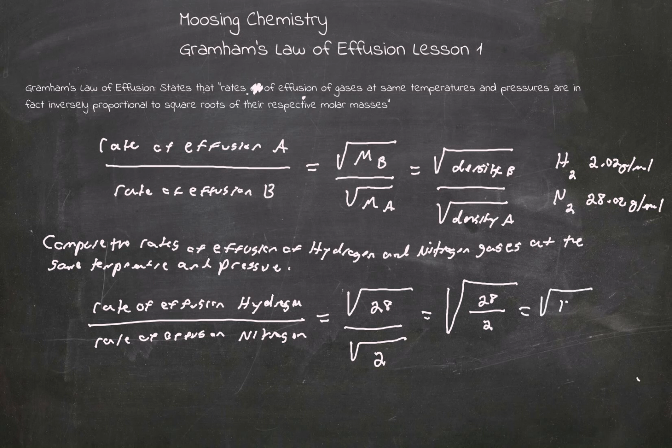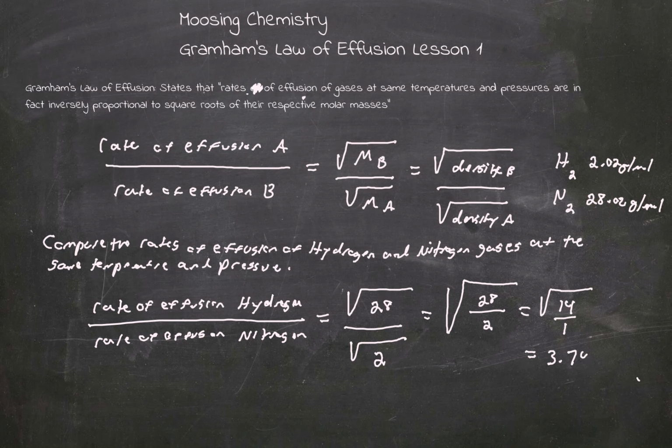So basically this would give me the square root of 14 over 1, which equals, let's take the square root of 14 real quickly, 3.74. Since hydrogen's the lighter gas, it makes sense.